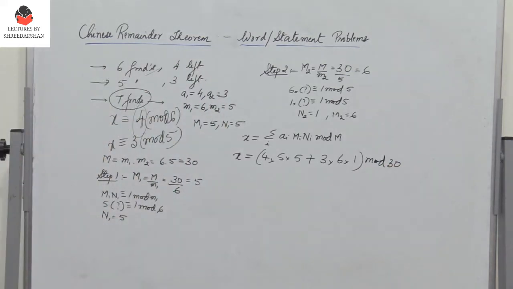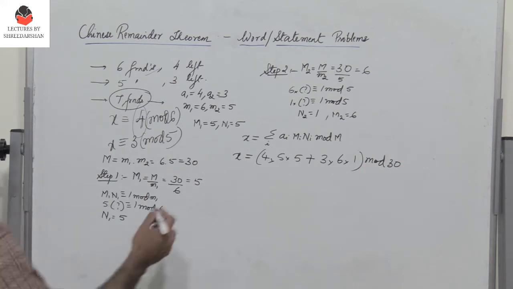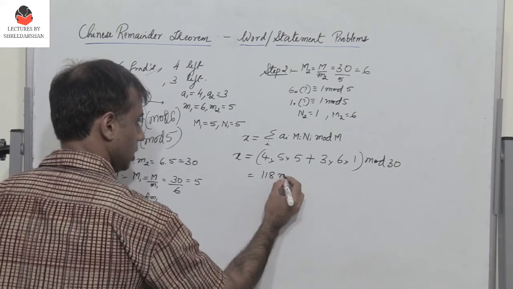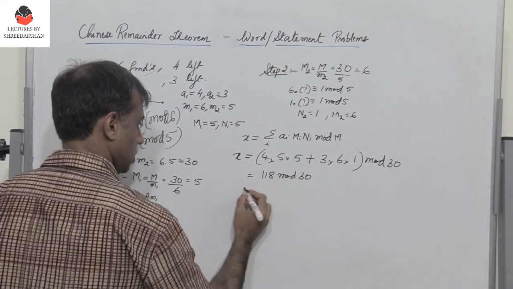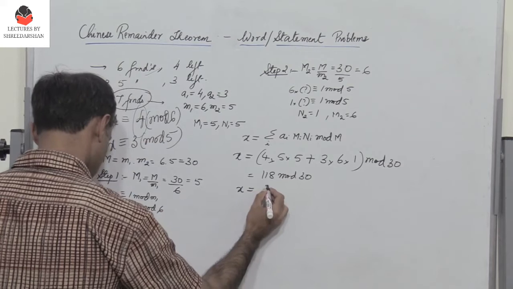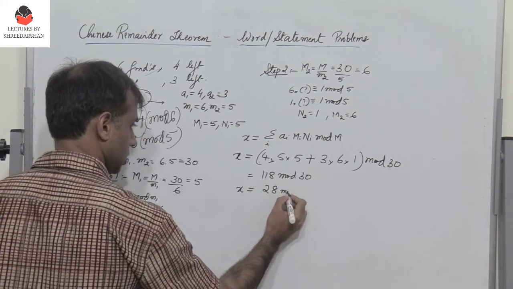So 4 into 5 into 5 plus 3 into 6 gives me a value of 118 in mod 30. So x is nothing but 28 in mod 30.